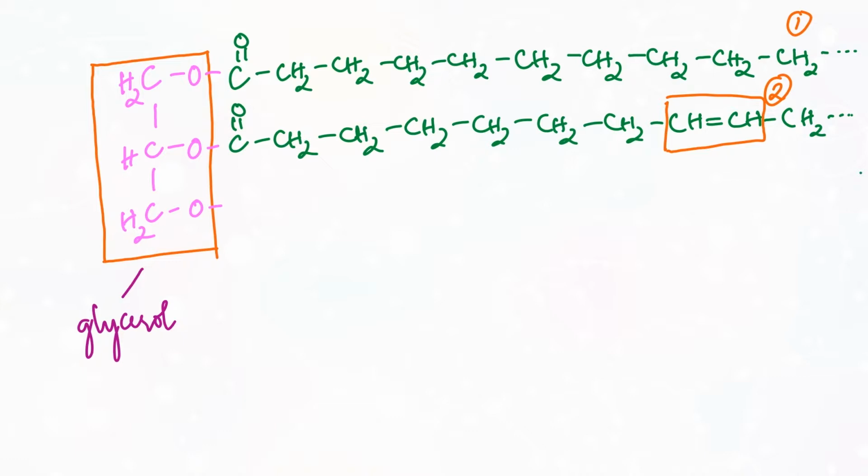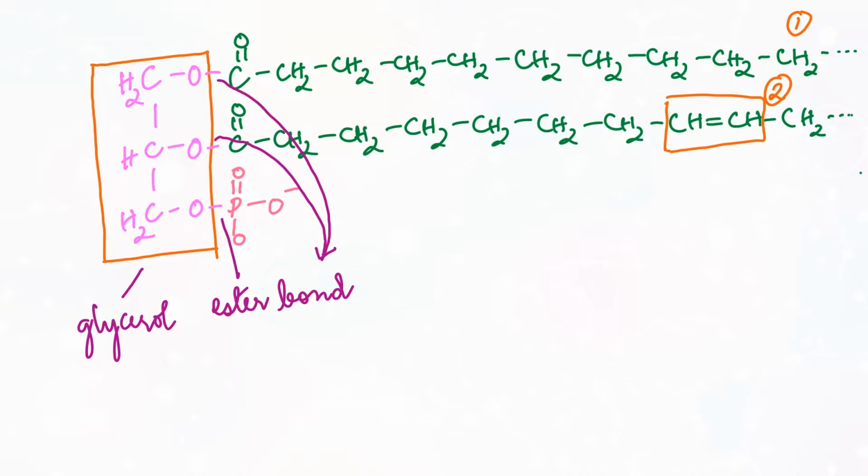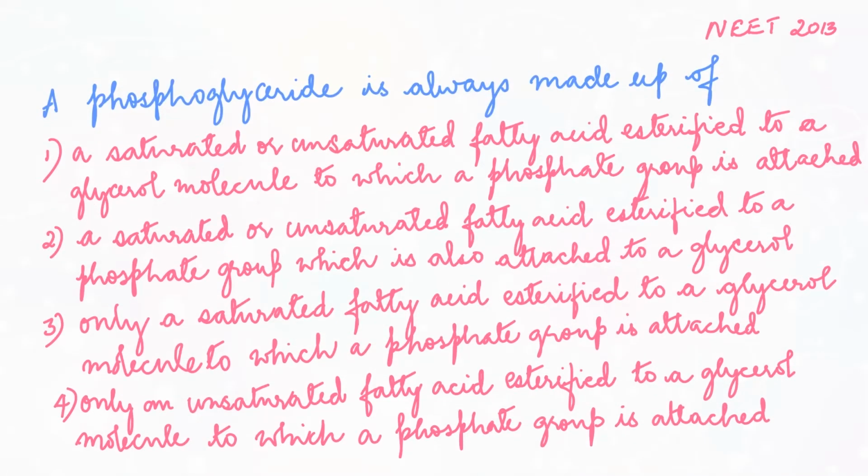And the third molecule here is a phosphate group. That is why it is a phosphoglyceride, and it is bonded to the glycerol molecule through an ester bond. So are the fatty acids. Now coming back to the question, your answer option will be a saturated or unsaturated fatty acid esterified to a glycerol to which a phosphate group is attached.